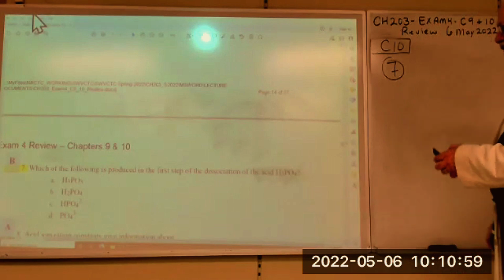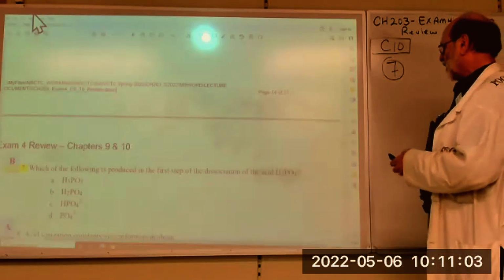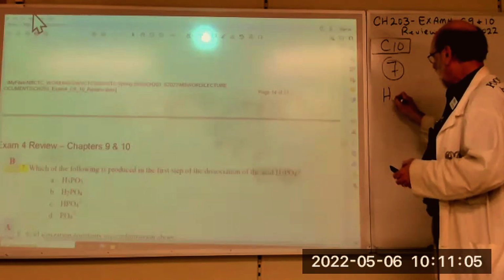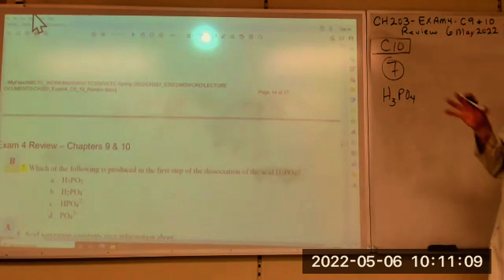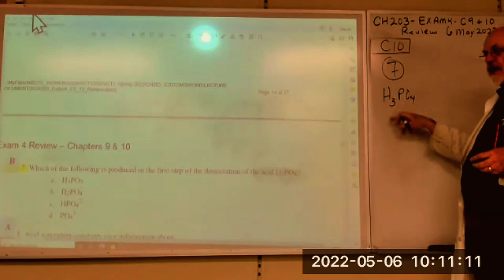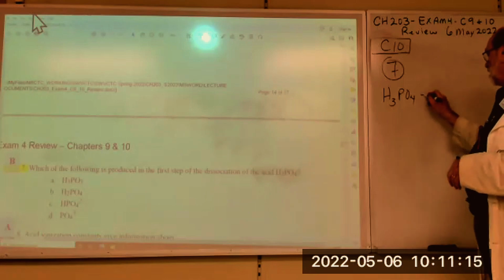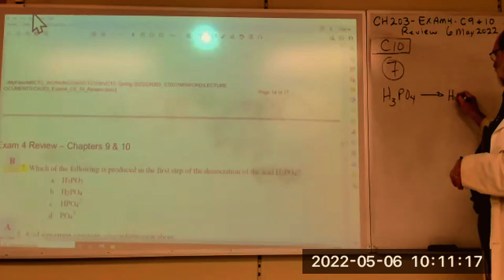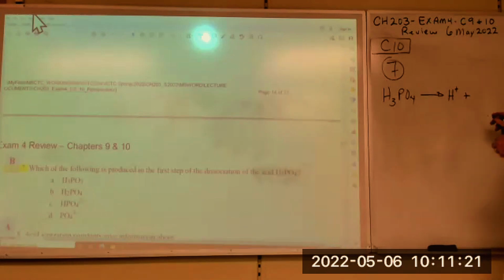Which of the following is produced in the first step of the dissociation of the acid H3PO4? So when we say H3PO4, then we're going to use the abbreviated version. Right? We're not going to transfer it to a water and make a hydronium. We're just going to say, all right, it's going to lose the proton. We know it's not independent, but the calculations work out the same.